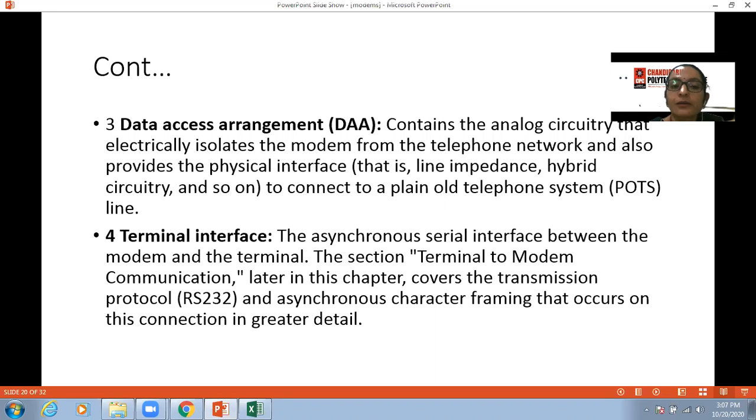And next one is our terminal interface, the asynchronous serial interface between the modem and the terminal. The terminal to modem communication we can do in the later chapters, which covers the transmission protocol RS-232, which is used for the interfacing, and some asynchronous character framing that occurs on the connections.